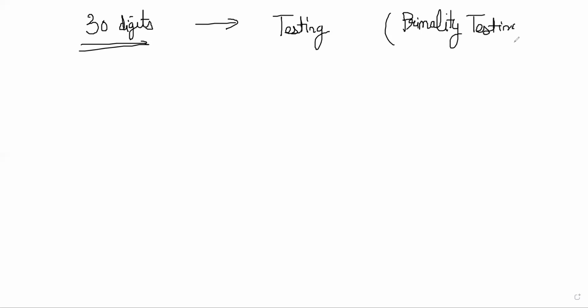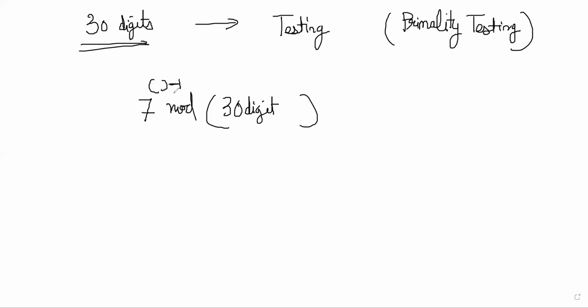However, writing a program to evaluate 7 power this number minus 1 mod this number, by the algorithm we have just learned, will immediately, in 1 minute, give you the answer, because you have a very set method to do it.